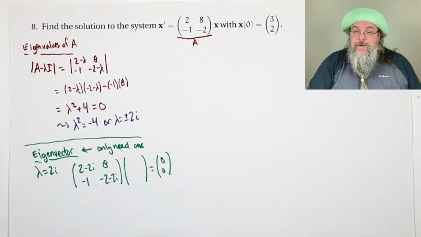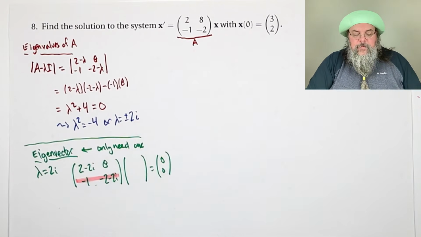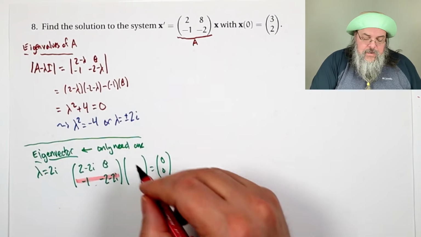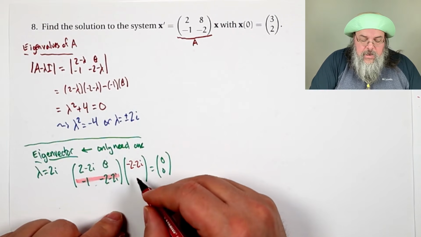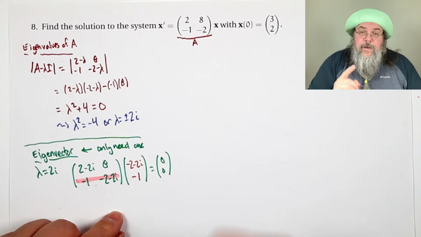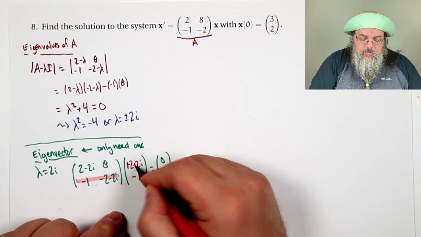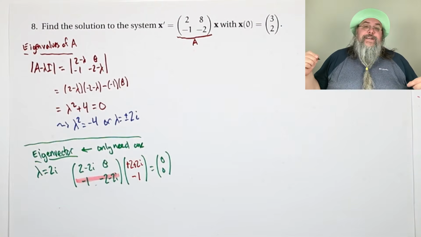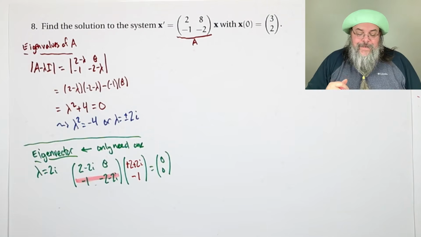Pick a row. There's a very convenient row right there. Write it backwards: -2 minus 2i, -1. Flip the sign on one of the entries, say the first. So 2 plus 2i and -1. And done. There's our eigenvector.